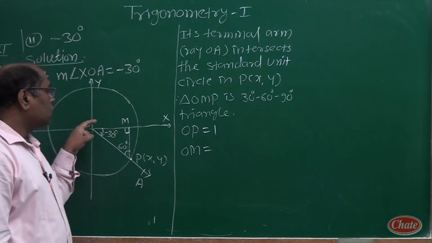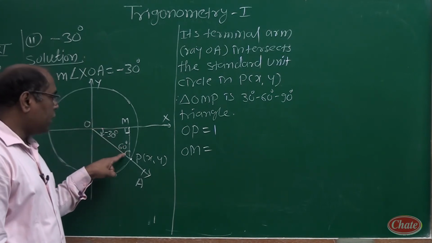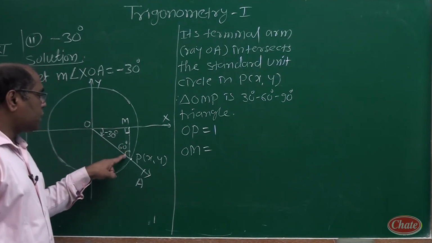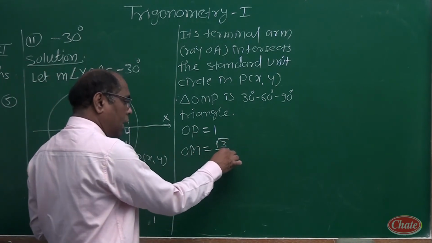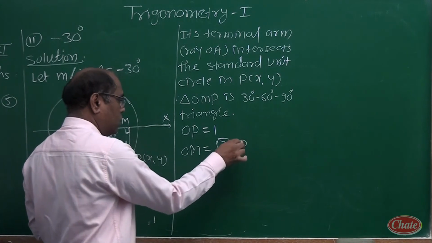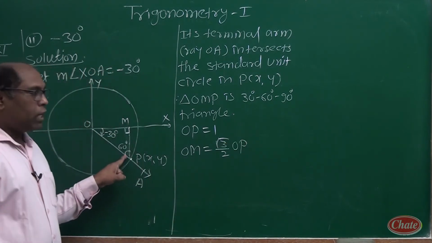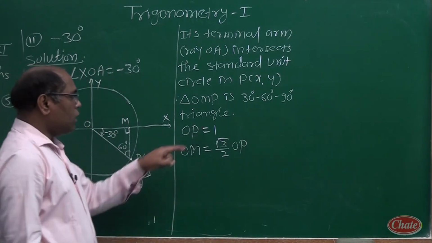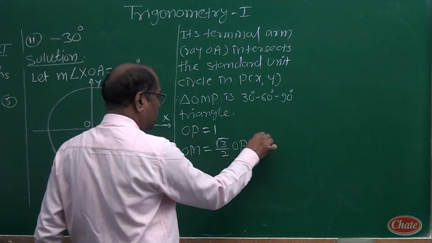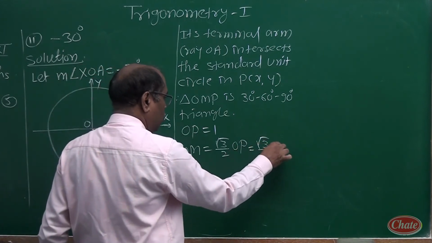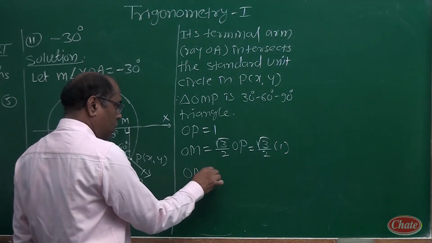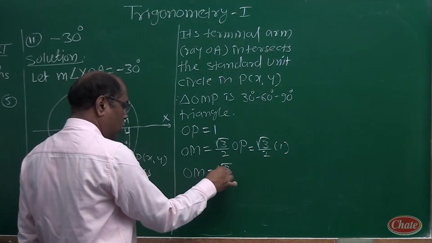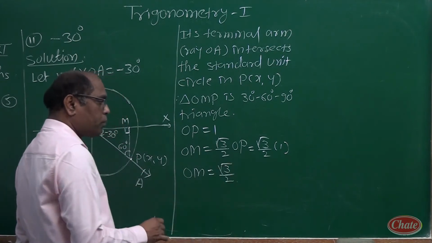The side opposite to 60 degree is root 3 by 2 times the hypotenuse, that is OP. Now what is the value of OP? OP is 1, so that is equal to root 3 by 2 into 1. Therefore OM is equal to root 3 by 2.